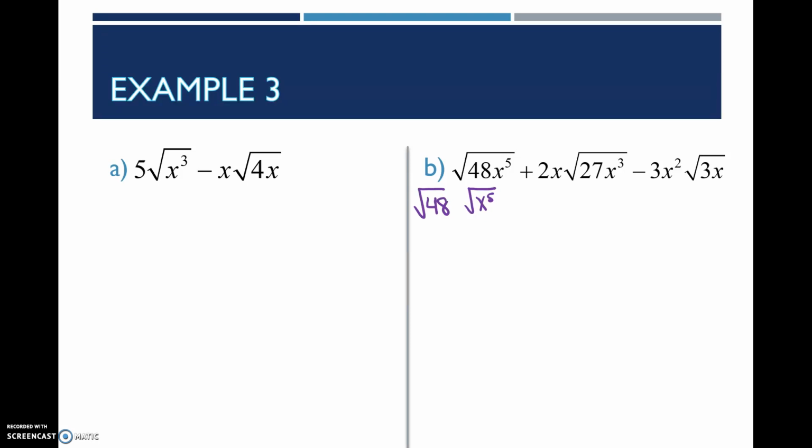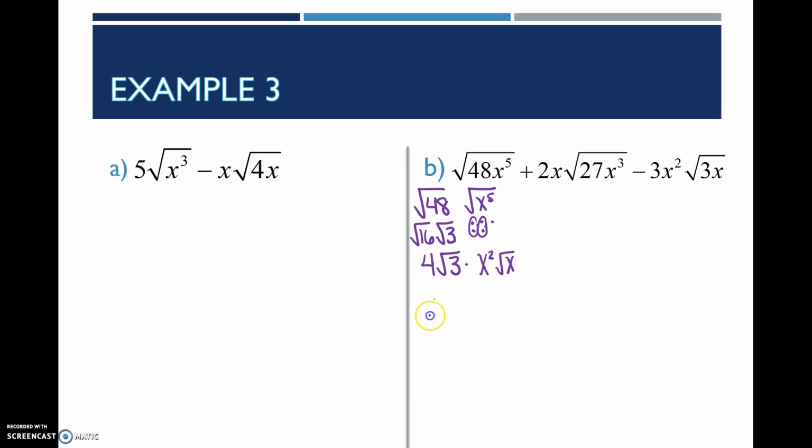8, no. Is it 16? Yeah. Square root of 16 times the square root of 3. The square root of 16 is 4. Square root of x to the 5th. If you have 5, how many groups of 2 are in 5? 2 full groups, so x squared, and 1 left over still under the radical.